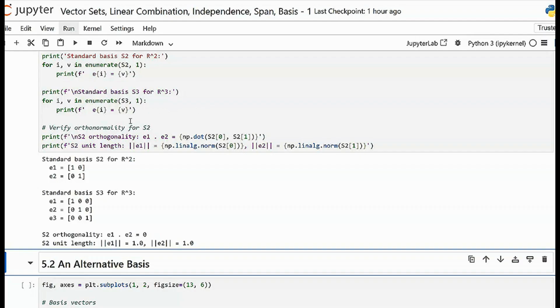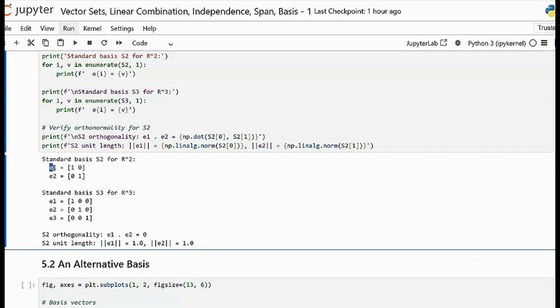So here the standard basis vectors E1 and E2 are orthogonal, and the norm of E1 is equal to 1. Any point here, if I specify it as P1, P2 transpose, is expressed as P1 E1 plus P2 E2.